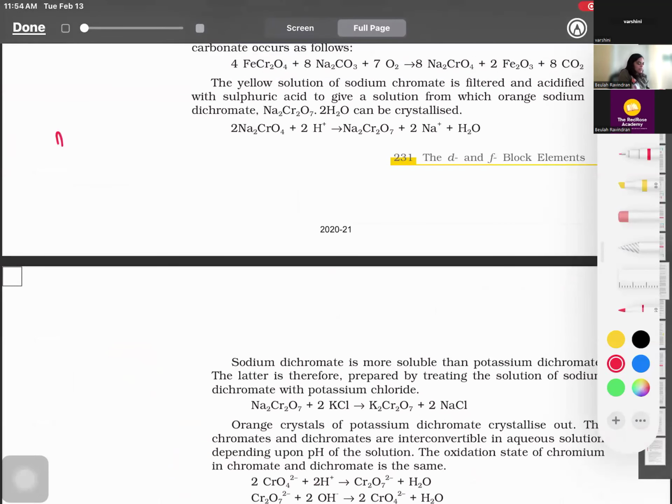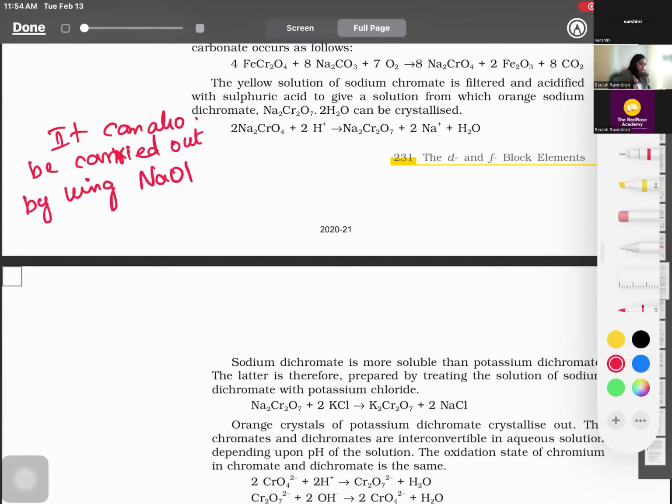It can also be carried out like this, by using sodium hydroxide. So in this, instead of Na2CO3, we are going to write sodium hydroxide.